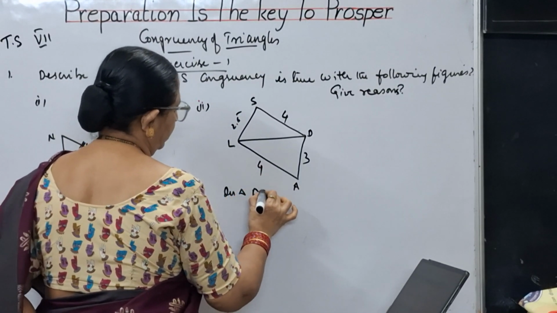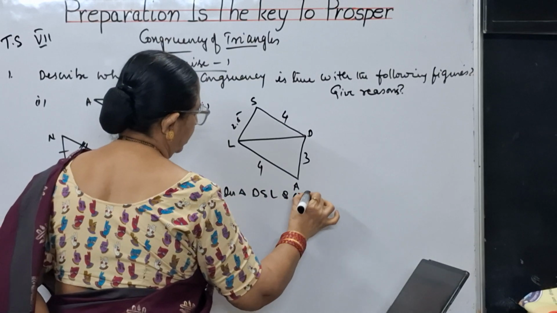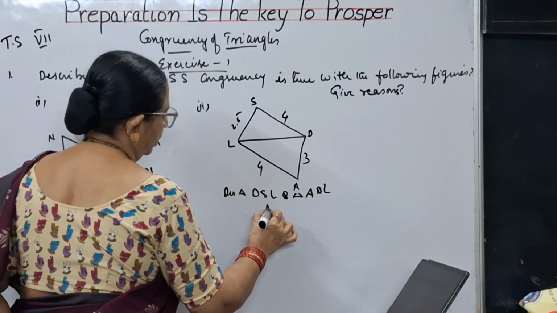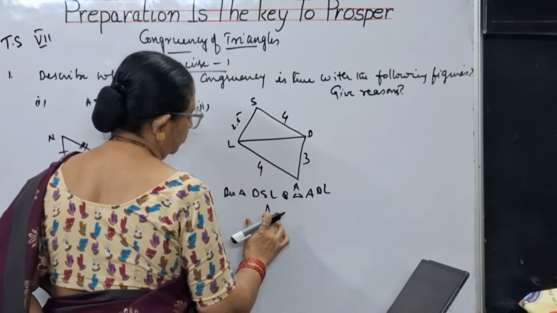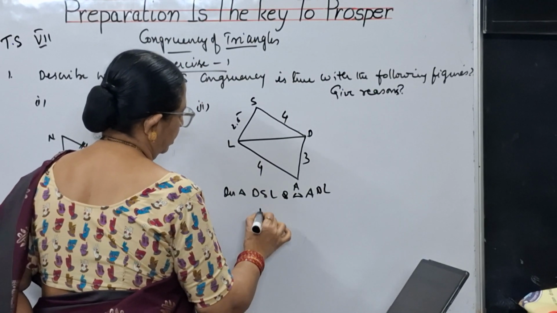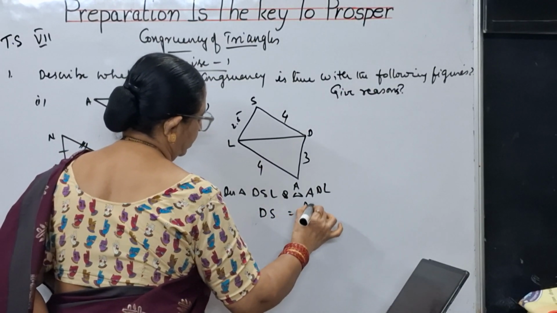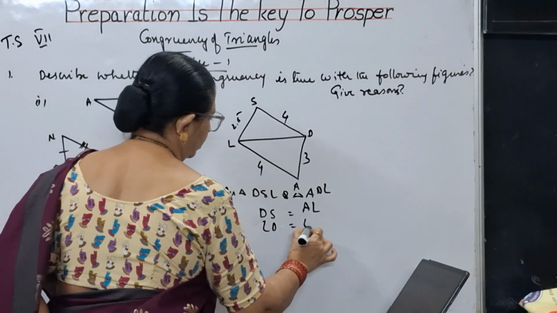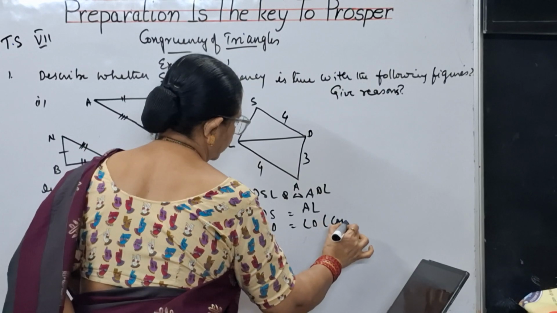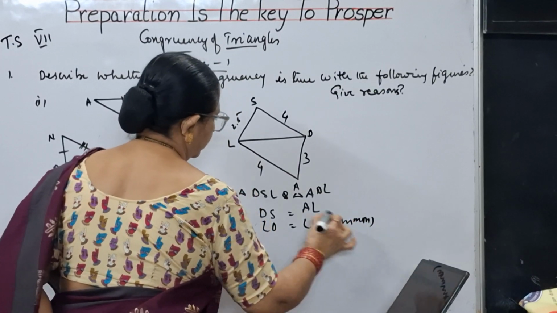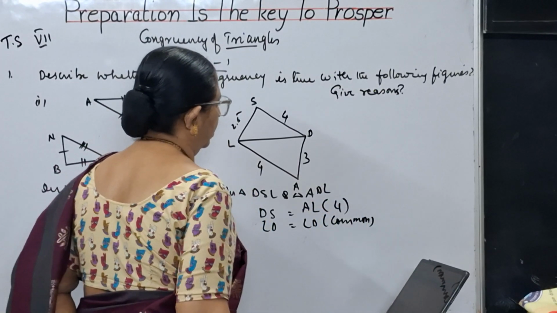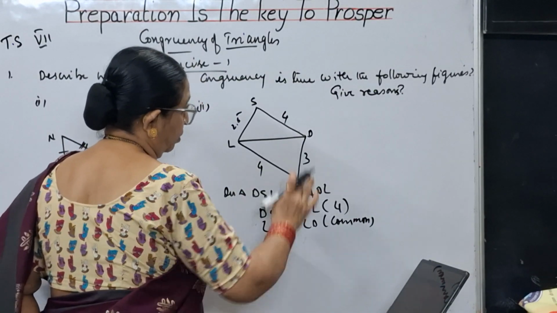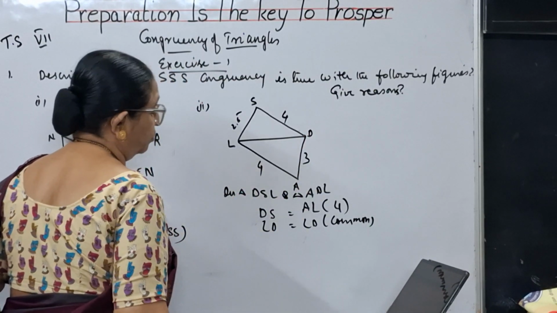In triangle DSL and triangle ADL, DS is equal to AL, that's all. And also we can write LD is equal to LD because this is common. DS is equal to AL because they have given measure as 4. 4 means maybe centimeters. They have not given units, so I have not written any units.